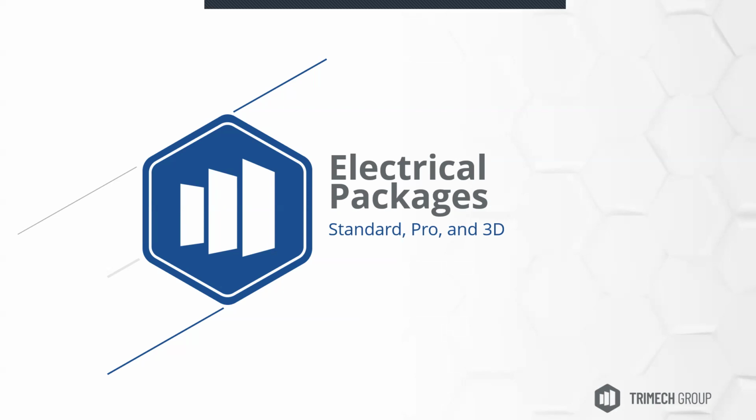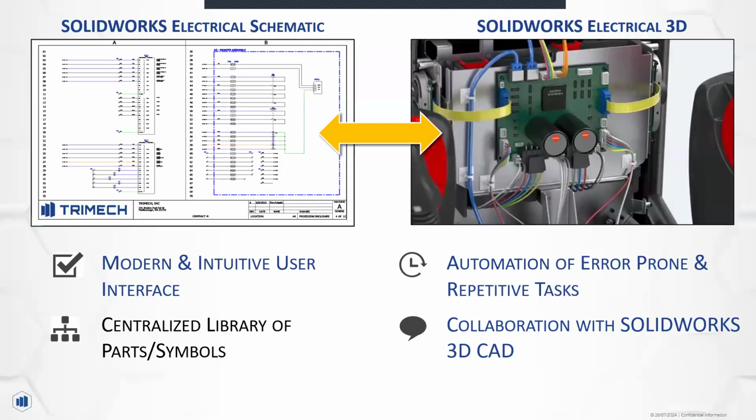So anyways, let's talk a little bit about how SolidWorks splits this up into different electrical packages. There's really three: standard, professional, and 3D. The 3D is a little bit separate, sort of on an island of its own. And then there's the electrical schematic tool. There are prerequisites and building blocks here.